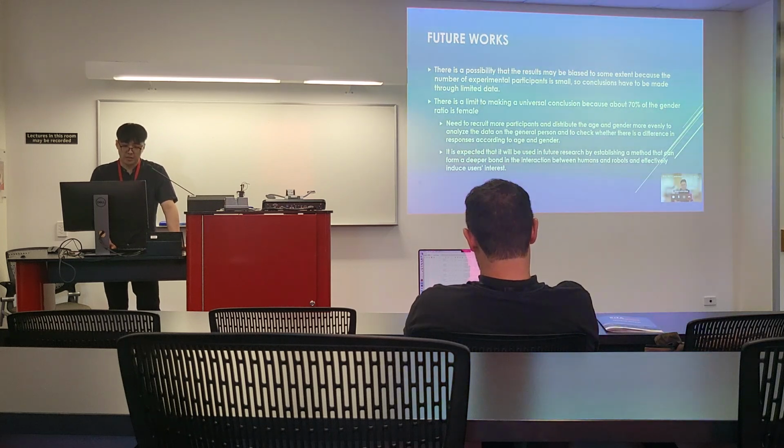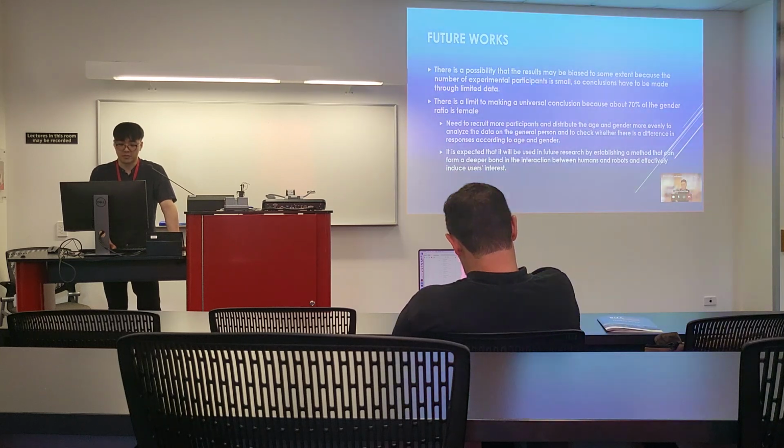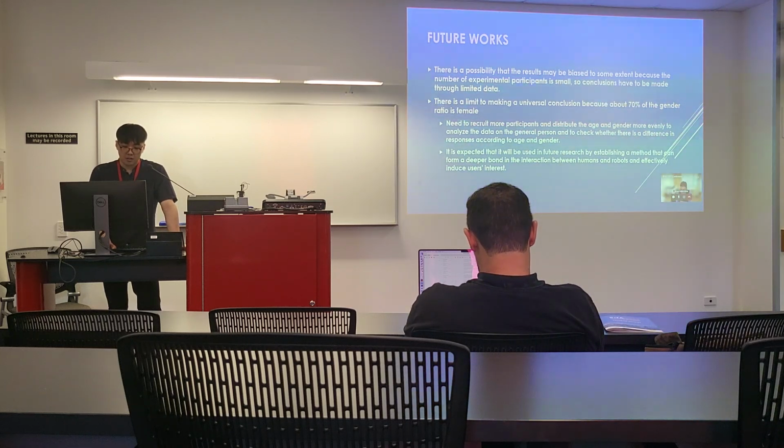In this study, there is a possibility that the results may be biased to some extent because the number of experimental participants is small, so conclusions have to be made through limited data. Also, there is a limit to making a universal conclusion because about 70% of the gender ratio is female.